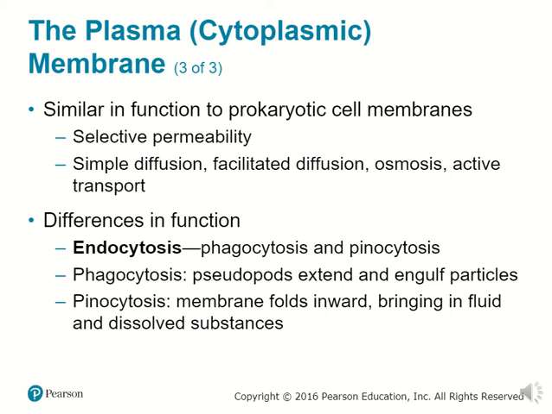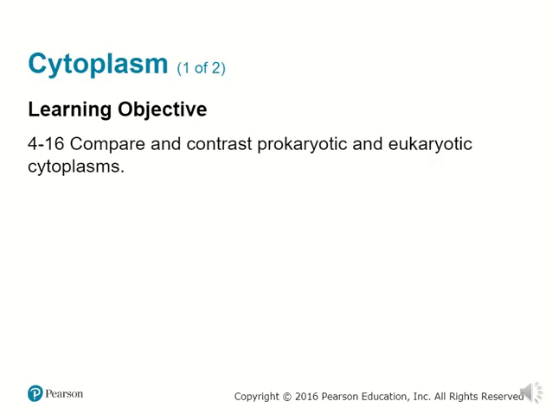But a difference from prokaryotic cells is that they can participate in endocytosis, basically phagocytosis and pinocytosis, the engulfing of material or the pinching off of material. Phagocytosis involves pseudopods which extend and engulf the particles, and pinocytosis is where the membrane folds inward, bringing in fluid and dissolved substances, and basically pinches off.